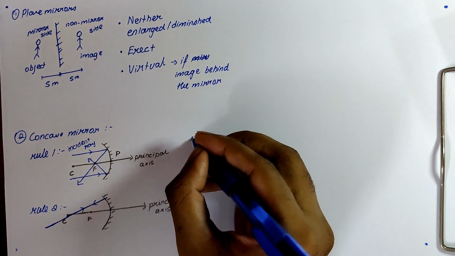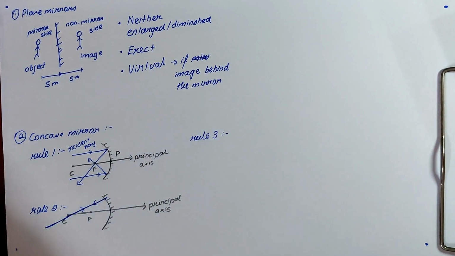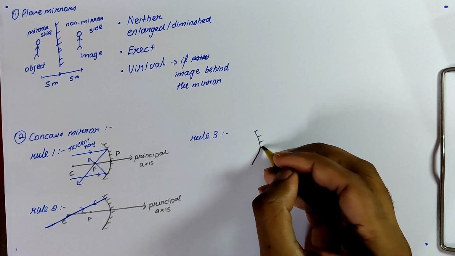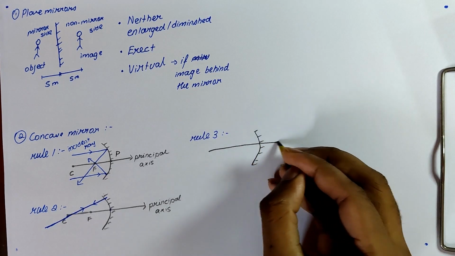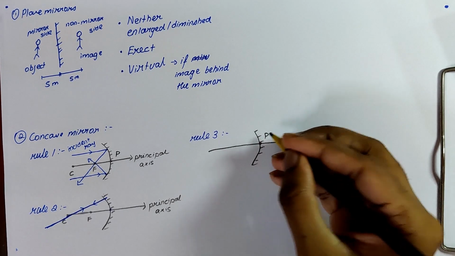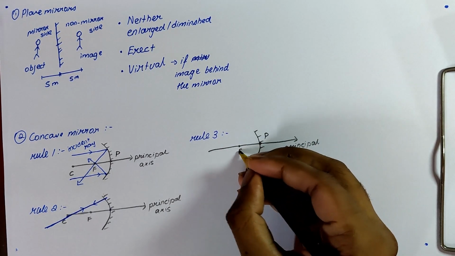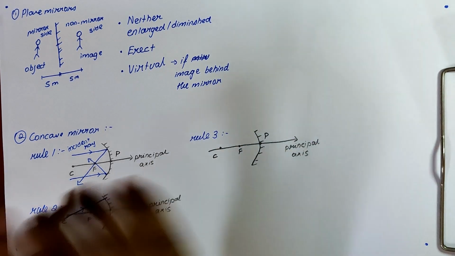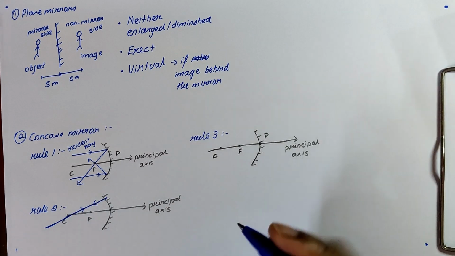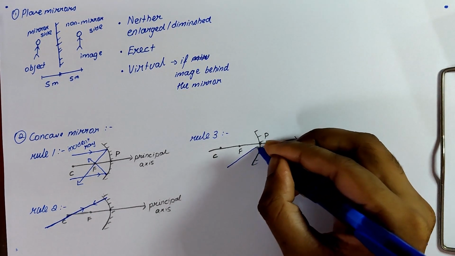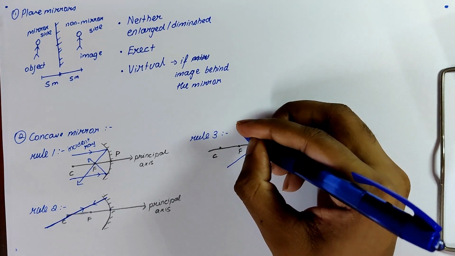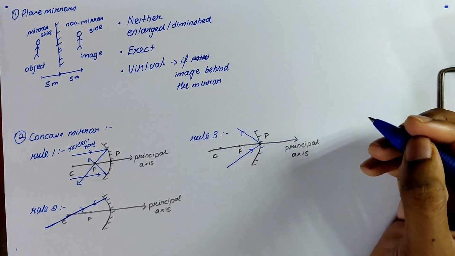Now rule number 3 is a bit tricky, but it's easily understandable when you get the gist of it. So we have the mirror, the principal axis, the pole, the focus, and the center of curvature. Now whatever light ray comes to the pole of the mirror will be reflected at the same angle away from the pole.